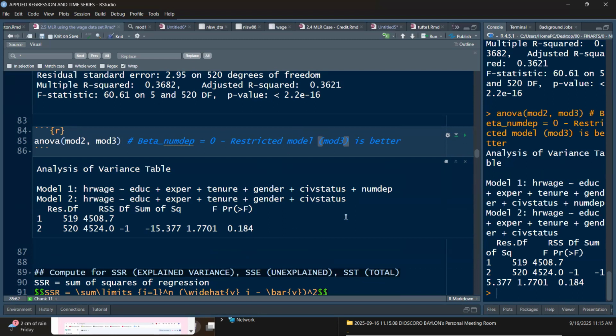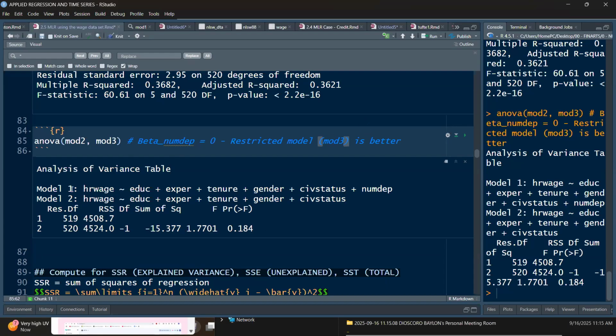So statistically, we can say that the number of dependents variable is 0. It has no effect on hourly wage. Therefore, we're going to maintain model number 3. It's better than model number 2. Take note, model 1 and model 2 is not the same as model 1 or 2 in our case.